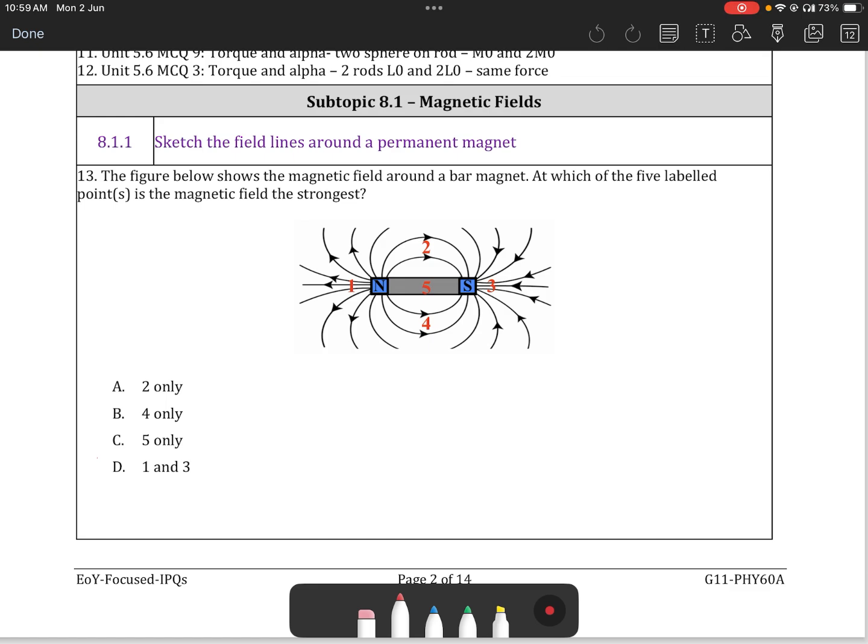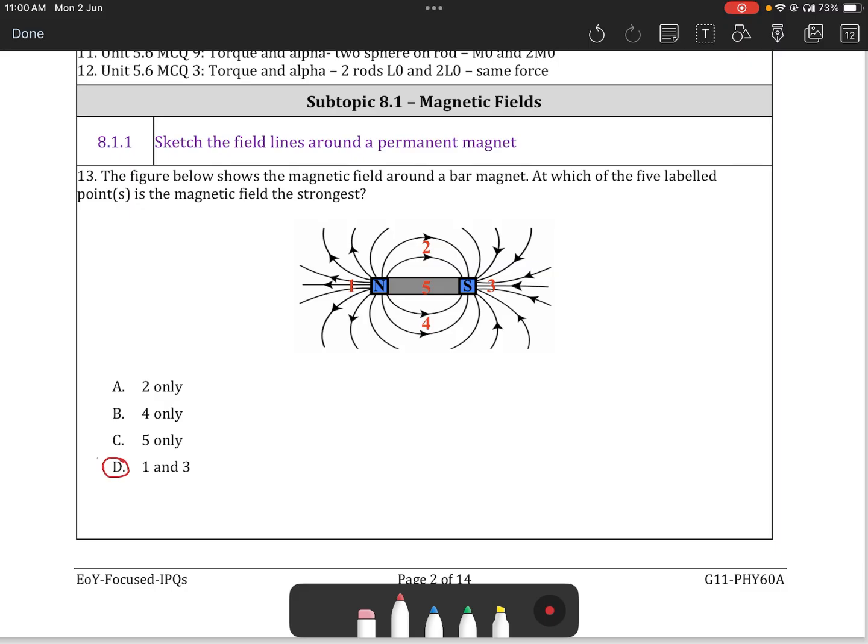So here the answer is D. Why? Because the strength of the magnetic field depends on the density of the electric magnetic field lines.